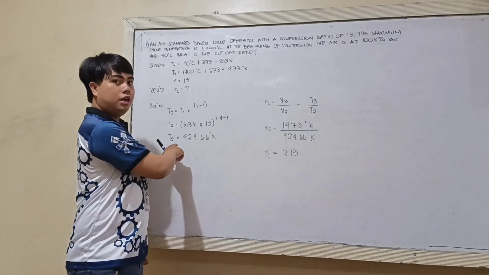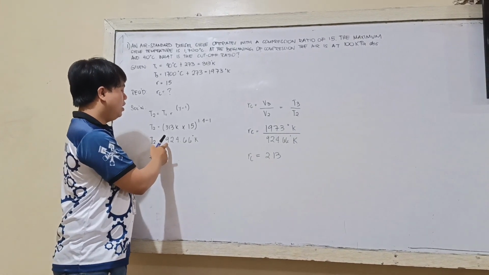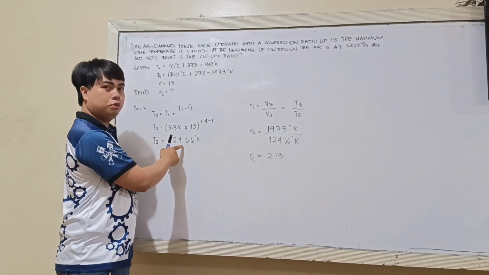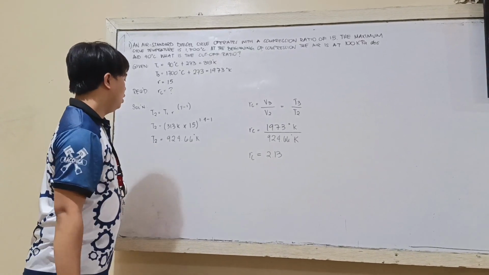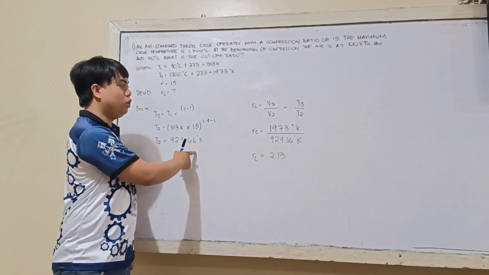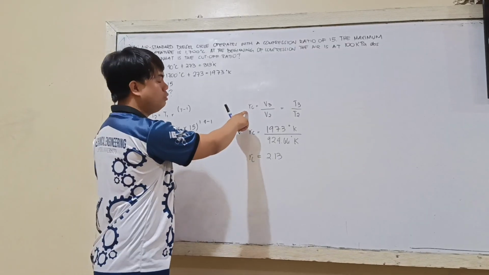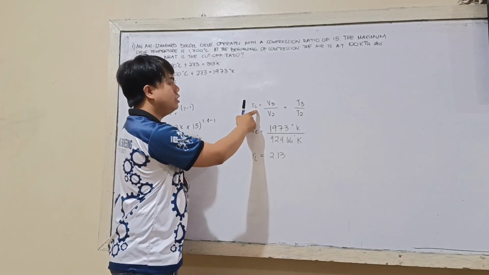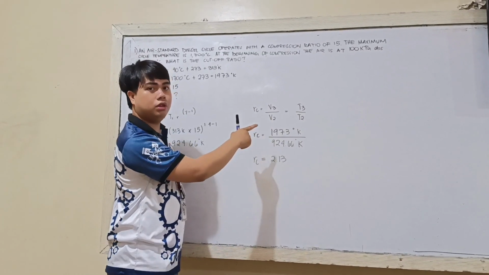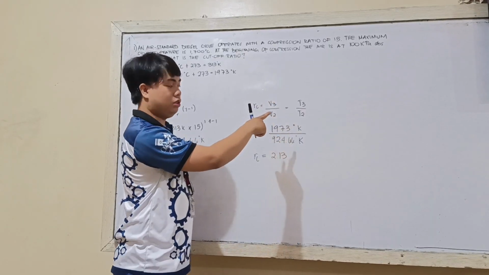So our T2 is simply 924.66 Kelvin. Since we have this T2, we can also solve the RC. So our formula for RC is equal to V3 over V2, or simply T3 over T2.